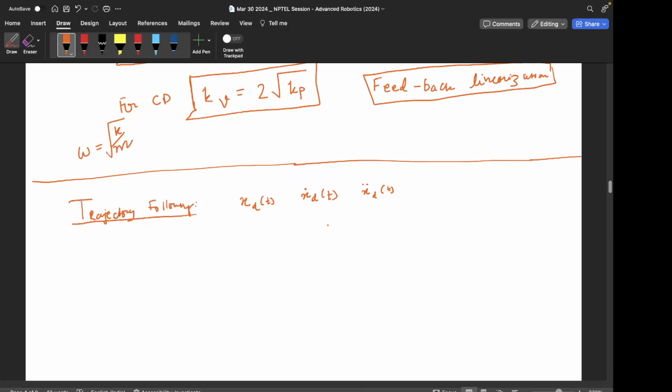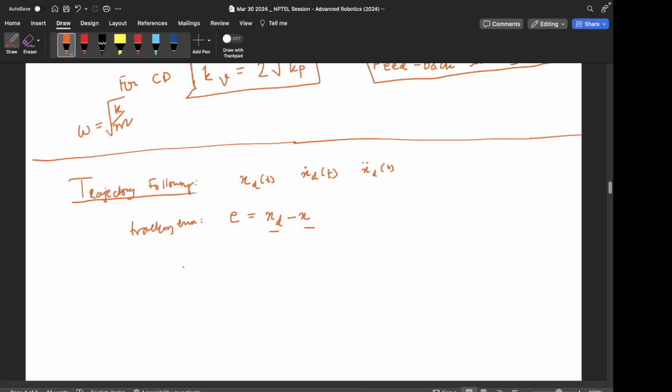And we define the tracking error as xd minus x, the desired minus the actual. Okay.